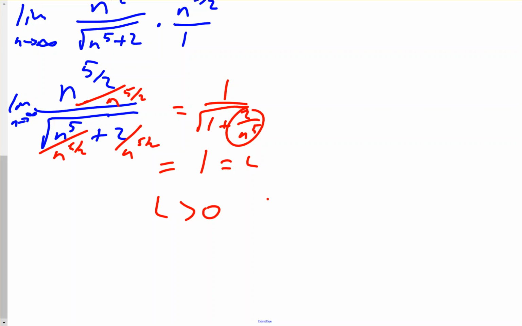So because bn converged by the p-series test, an also converges by the limit comparison theorem.